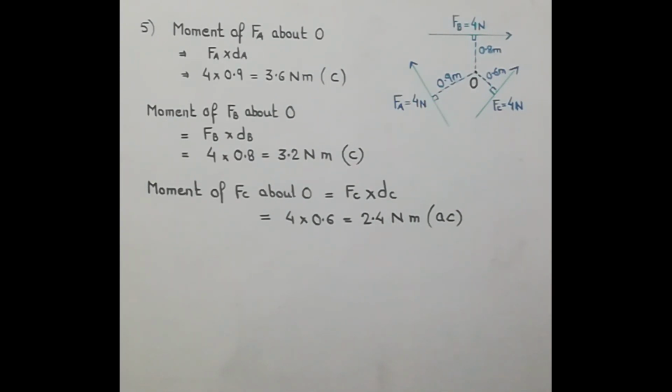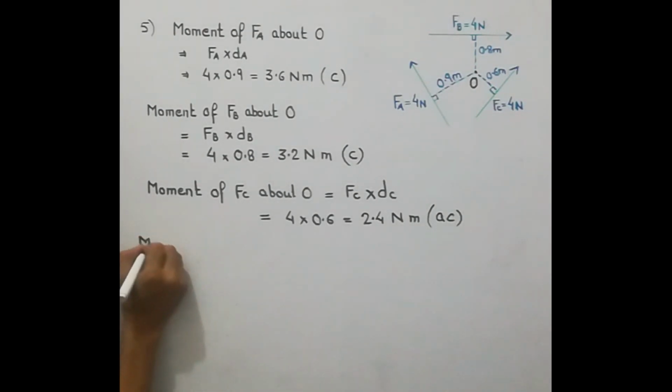So we have calculated moment produced by all the forces, and now we have to find which one is maximum and which one is producing minimum moment. So you can see A is producing maximum moment and C is producing minimum.